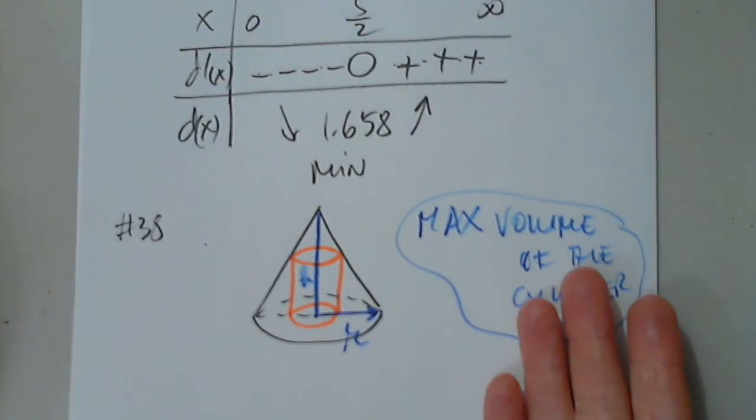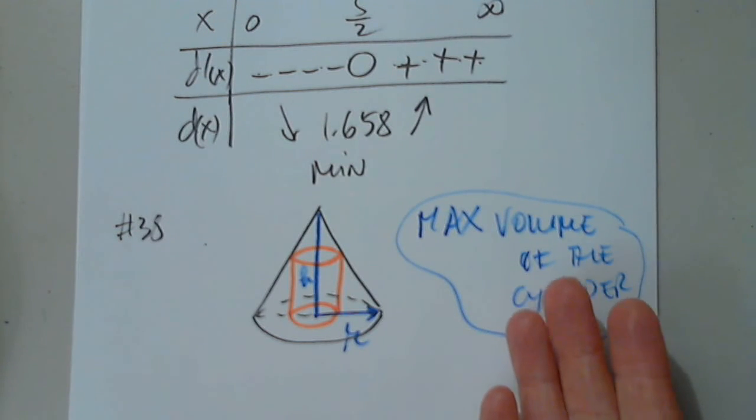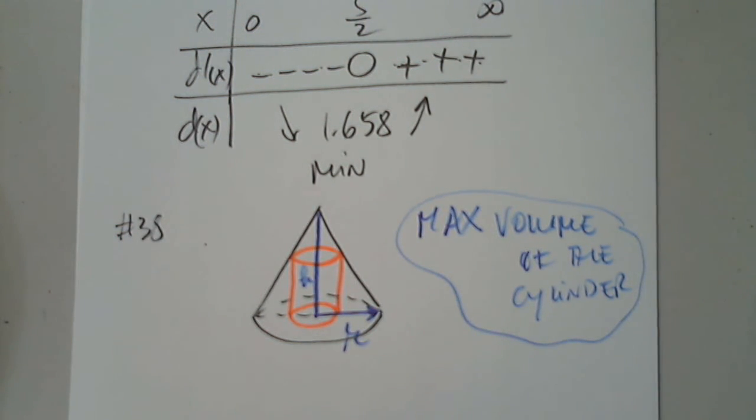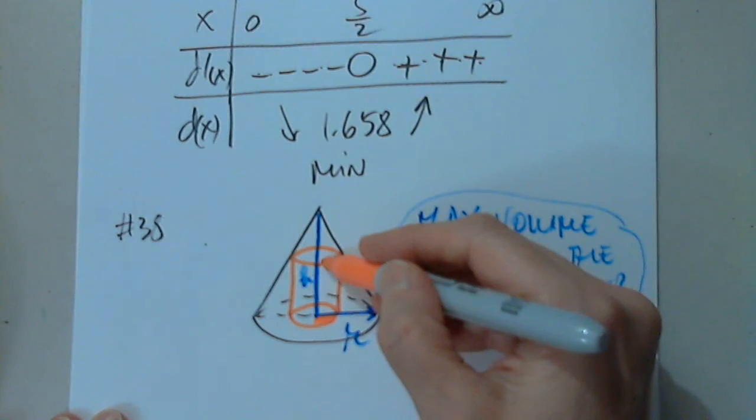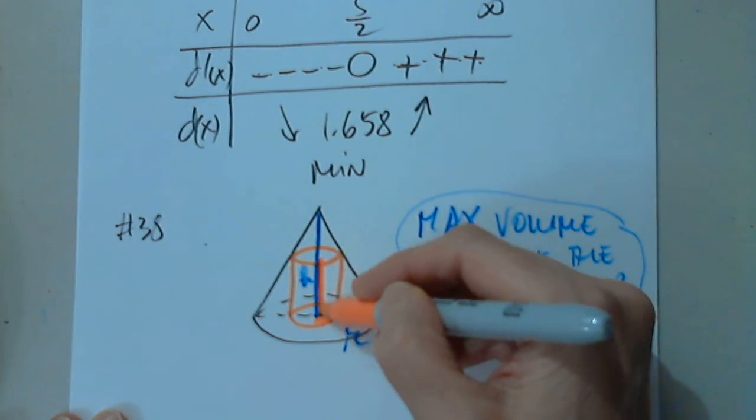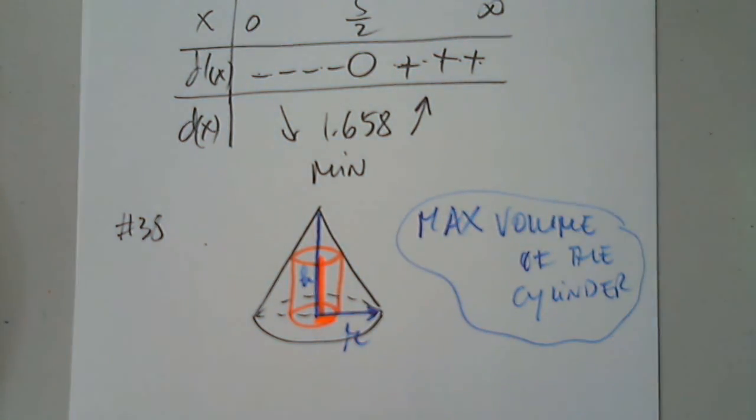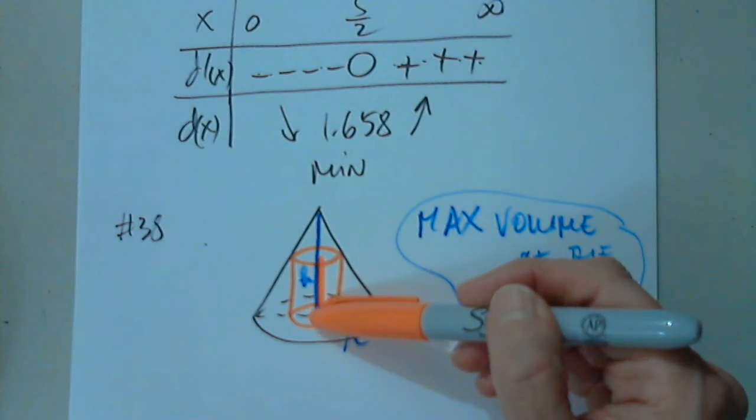So in order to find the volume of the cylinder, I have to determine the radius of the cylinder and the height of the cylinder, because the volume of a cylinder is the area of the base times the height.